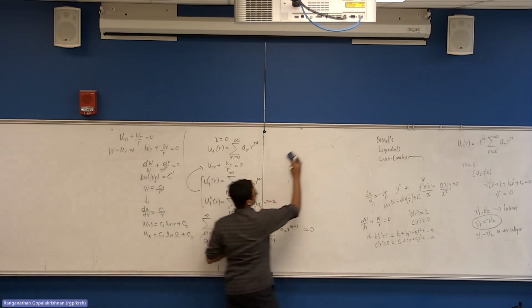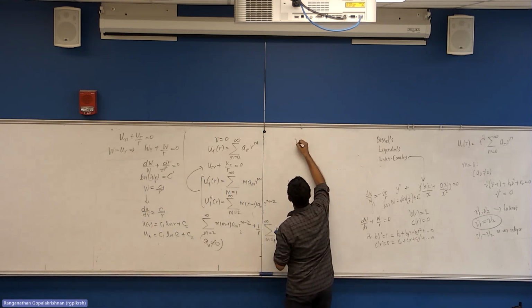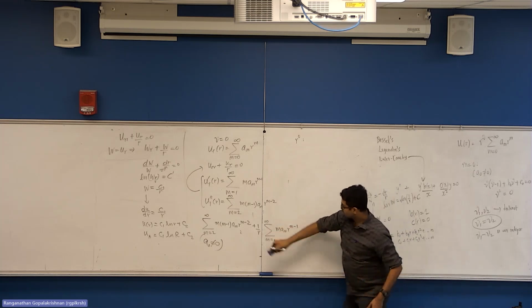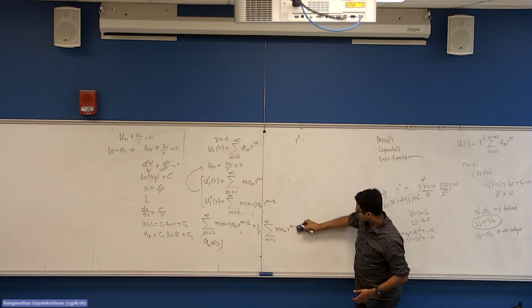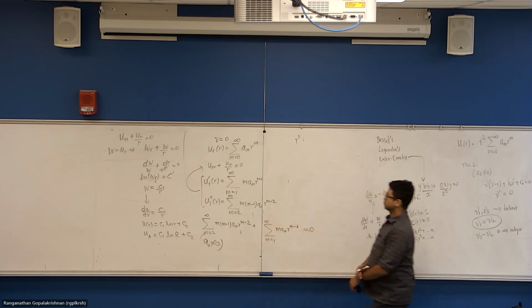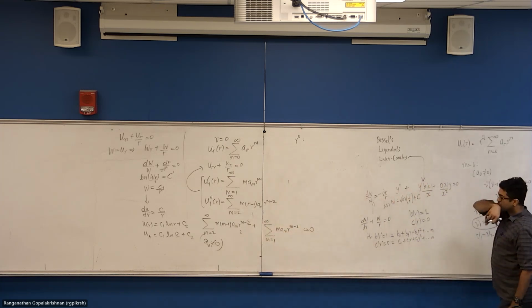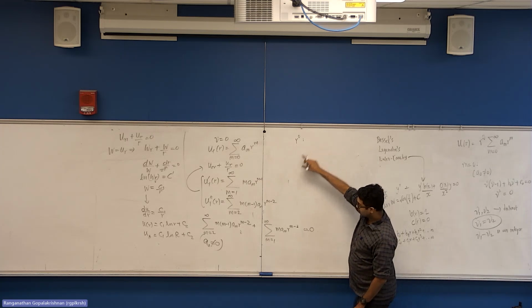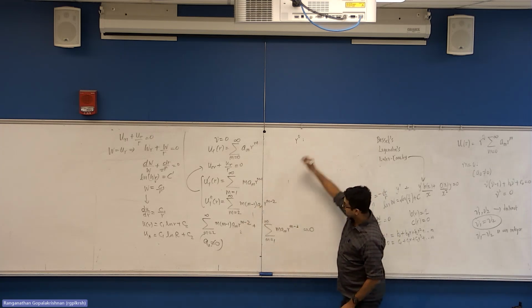I want to collect the coefficients of r to the power 0. This 1 over r, I'll write it as m minus 2. So to collect the powers of r to the power 0, I need to set m equals 2 here.